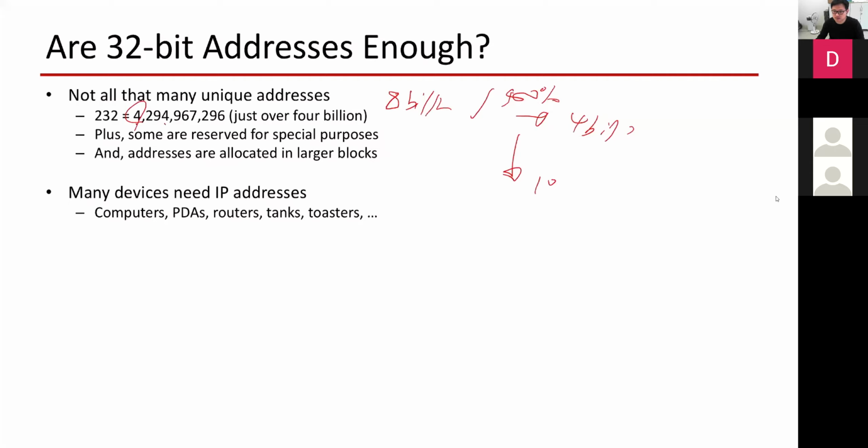So the question is, 32-bit IP is not long enough. Then how can you solve this? Your own idea. Let's think about it for 2 minutes and let's discuss.